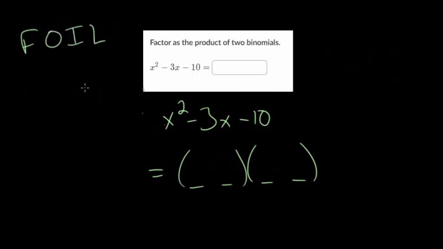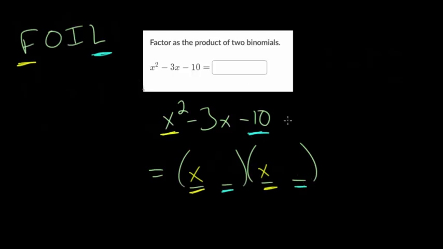These first terms right here are going to form the x squared term, so in this case they would have to just be x and x. We also know that the last terms form this minus 10, so this term here and this term here would have to multiply to give us negative 10.